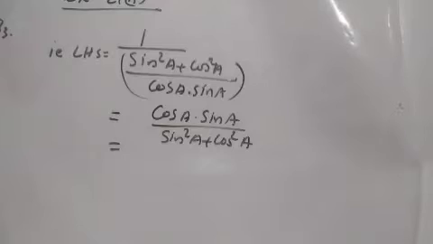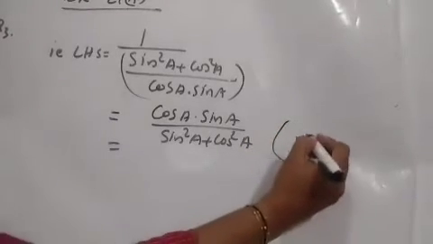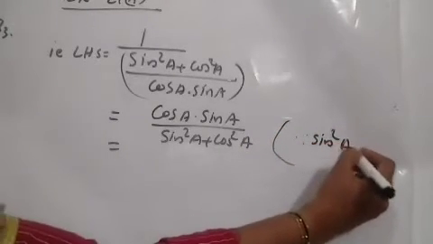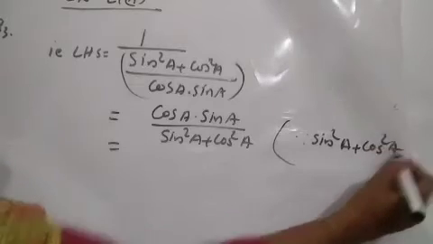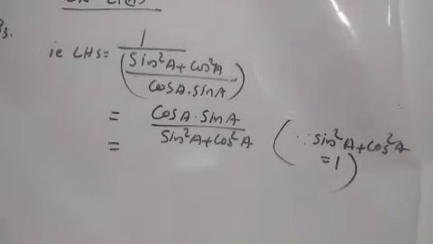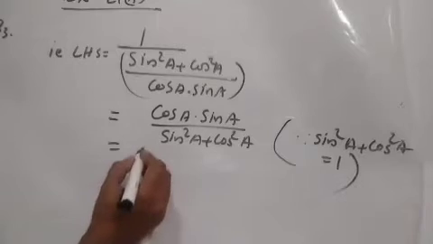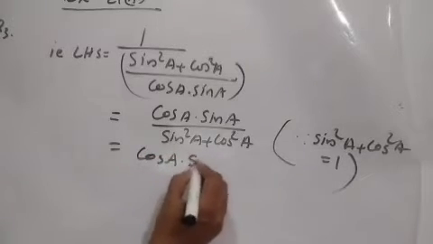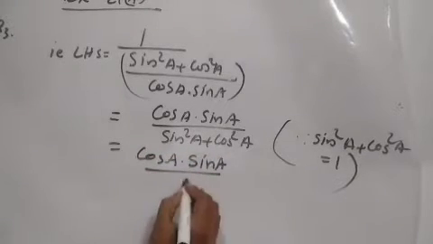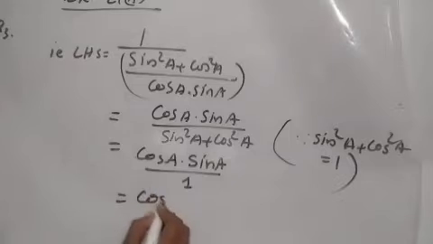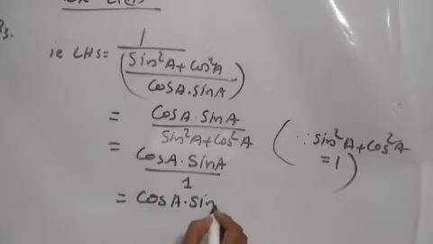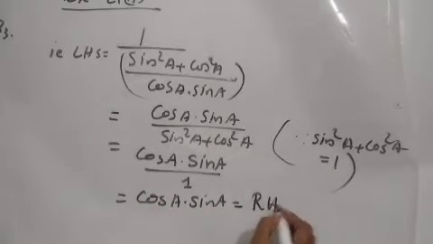Here we can apply the square relation. What is that? Yes, sin square A plus cos square A is always 1. So apply that. Cos A into sin A divided by 1. That gives cos A into sin A. That is the RHS, no?